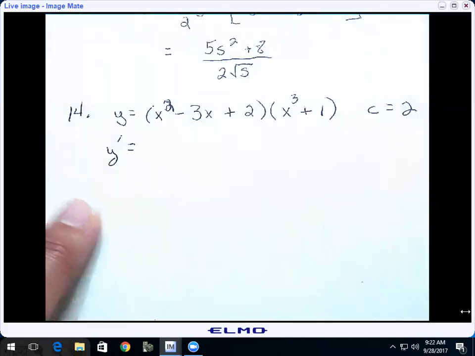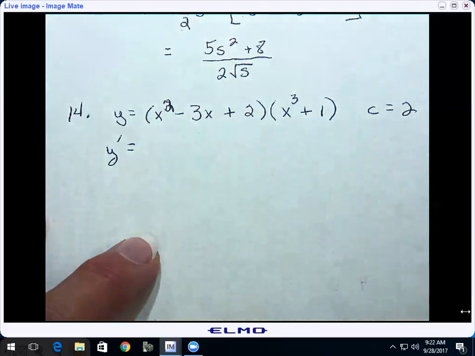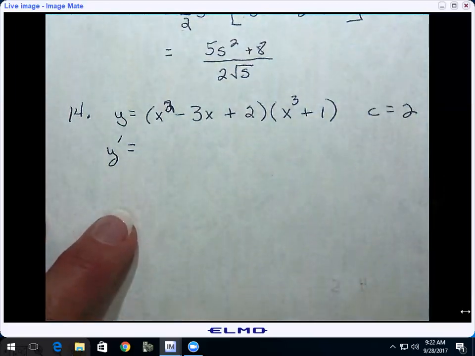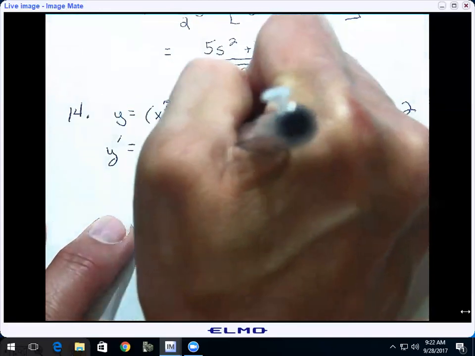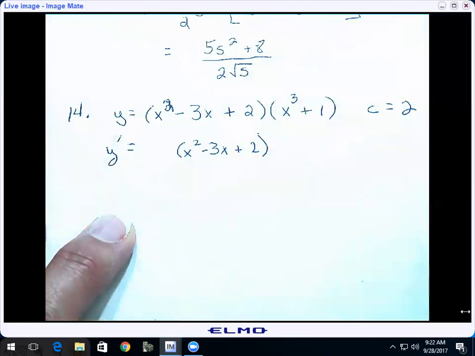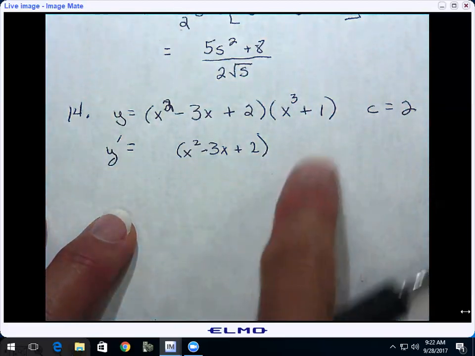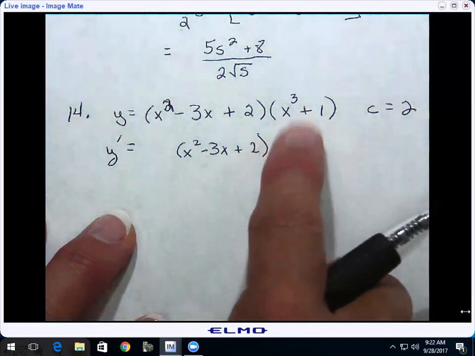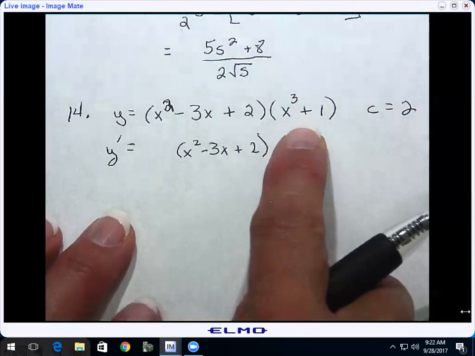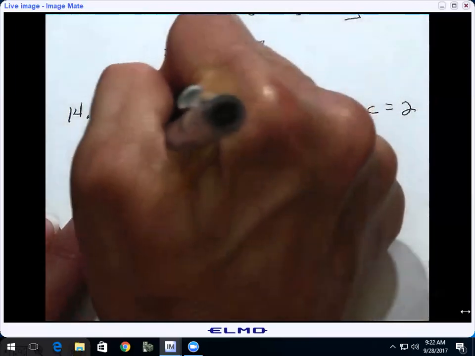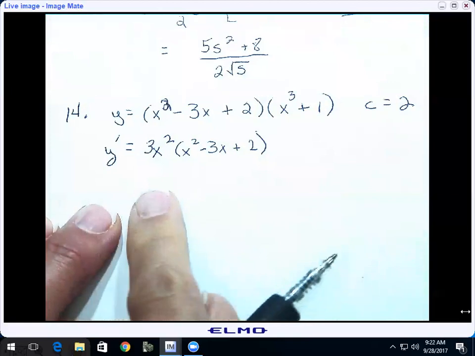All right, so if we're going to use the product rule, how does it begin? The first times what? Derivative of the second, which would be derivative of x cubed plus 1. 3x squared. I just like to write it out front because that's where I like my monomials.